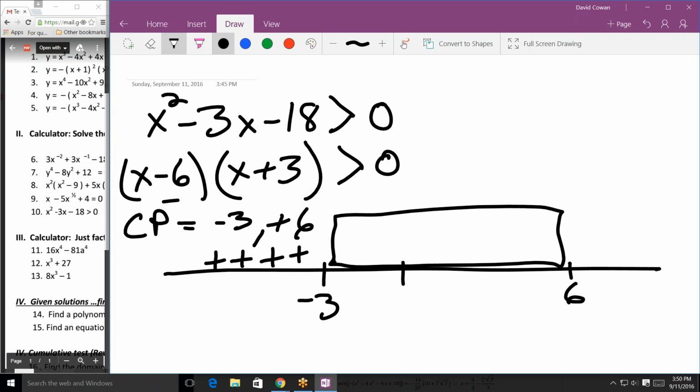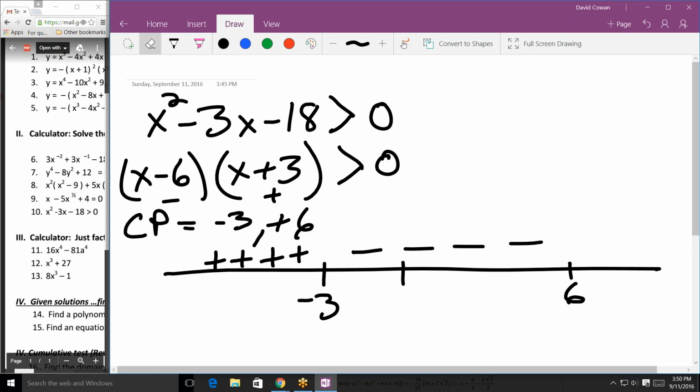I'm only concerned about the sign. What's x plus 3 when x is 0? 3. So positive. Plus. Now what's negative times positive? Negative times positive is negative. So everywhere in that area between -3 and 6 is negative.